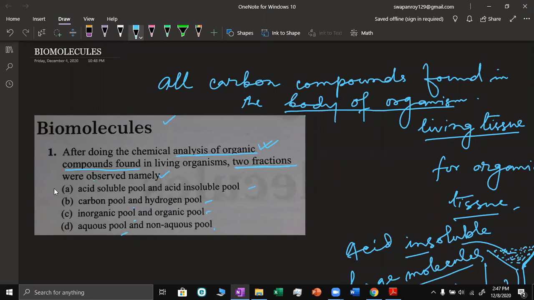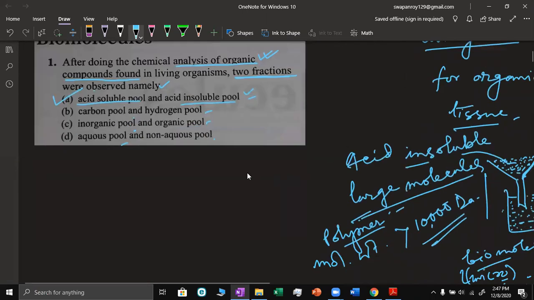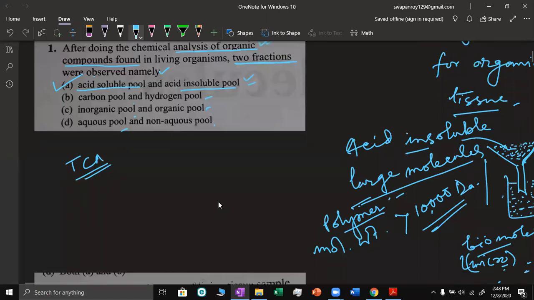There is one acid soluble portion and another acid insoluble portion, for the organic compounds. And which acid is used for this analysis? Remember, can you tell? The TCA, trichloroacetic acid. This is the general method.